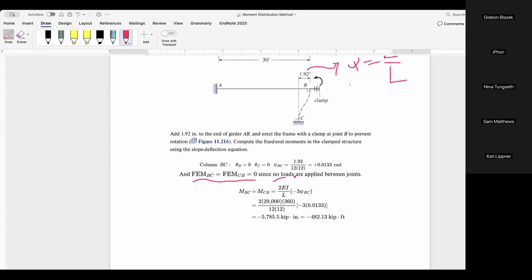And it's also written that no load applied. So everything is written in the book, just you need to know some tricks to solve it. And now again we are going to use the general equation.